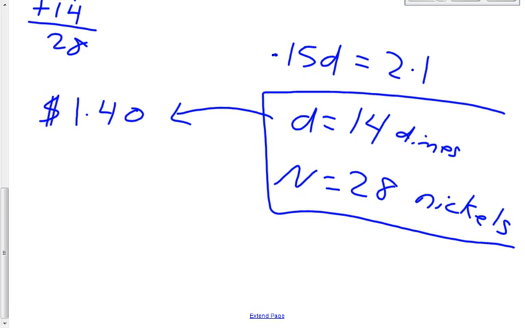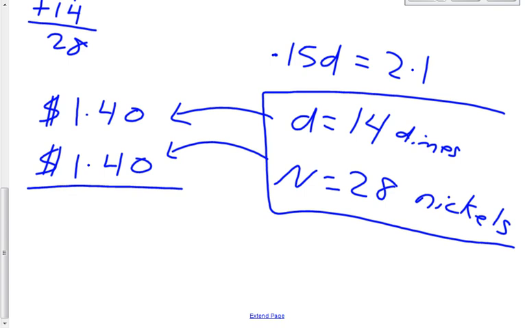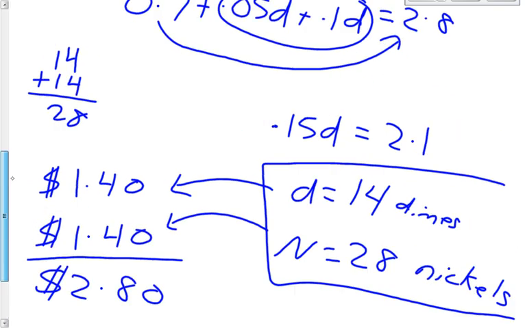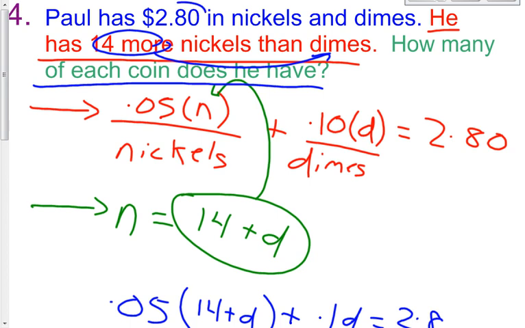If he has 28 nickels, 20 nickels is $1, and then another 8 nickels is 40 cents, so that's also $1.40. He has this much in nickels, so that would give me a total of $2.80 he has in change. Is that what he's supposed to have? Yes, it is, $2.80. So feel free to take your time with these, go back to your work, and make sure that you do these correctly, especially on a test question.